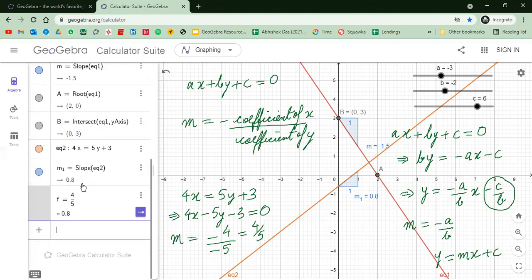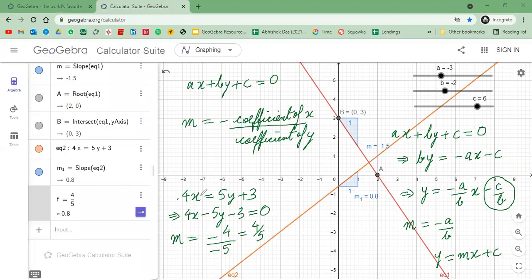Right? And to figure out the y-intercept, you can simply use the definition of y-intercept. It's the value of y when x is equal to 0. So over here, if you put x equal to 0, we'll basically get 0 equals 5y plus 3, which implies y is equal to minus 3 upon 5.